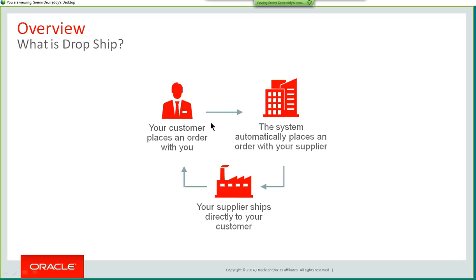So you receive the sales order, or you create the sales order, and the sales order would in turn create a purchase order against a supplier, and the supplier would in fact be shipping the goods directly to the customer. So you will not have any on hand, or you don't maintain any inventory of these dropship items. Rather, you would want the supplier to send these items directly to the customer. So that's the supplier dropship.